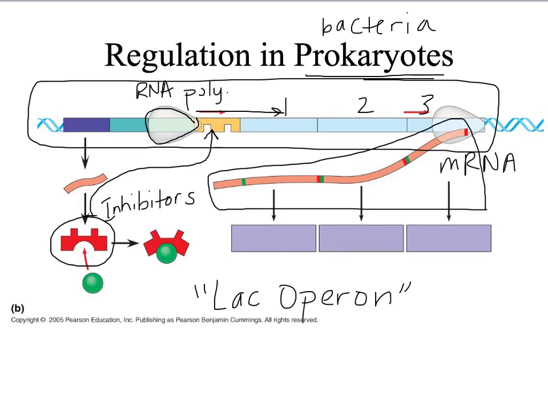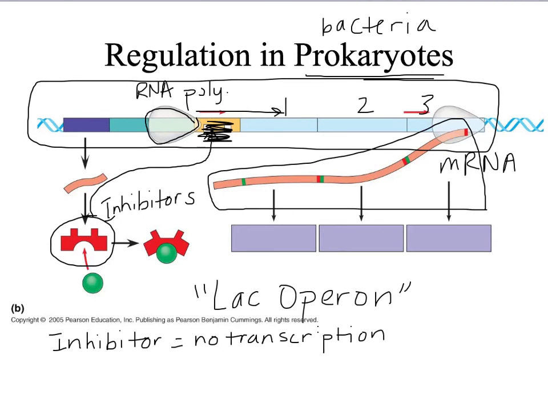So that red inhibitor, if it's around, it's going to bind right in here, and it's going to block the RNA polymerase from moving downstream. So you won't get any transcription at all. So transcription is off. So when you have an inhibitor, there's no transcription. Okay, so in other words, we don't get the product eventually of that gene. No protein is made because no mRNA is made.